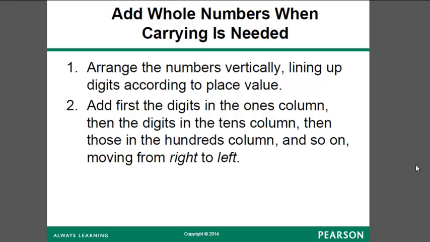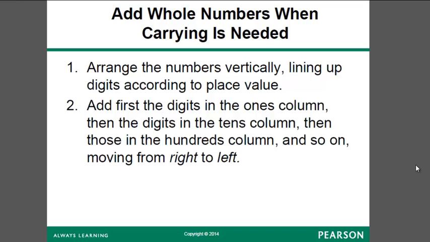Now then, adding whole numbers when carrying is needed. In the last example, we actually needed to be able to use carrying. What I mean is, our numbers in a certain column have too many for that particular column, so we have to carry.